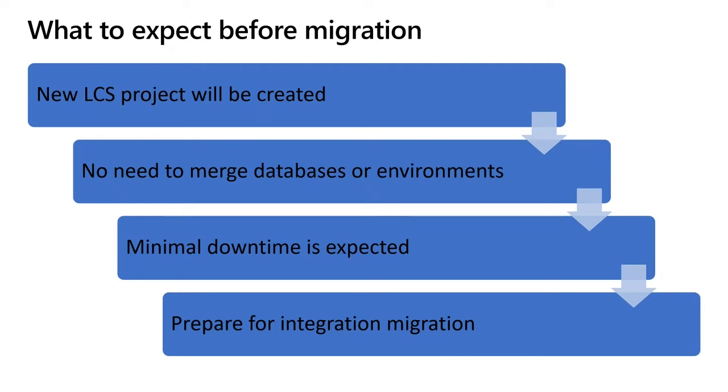Downtime will be minimal during this migration process. It would be around 3 to 4 hours for tooling to complete the migration in the background. Most importantly, you need to analyze and prepare for integration migration, because after the migration is done, you will have the new URL and the new LCS project in F&O infrastructure.